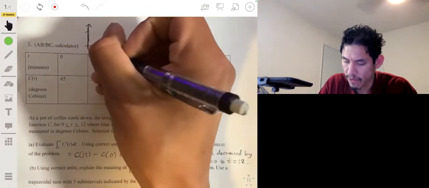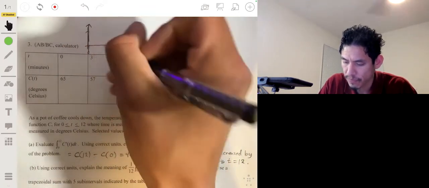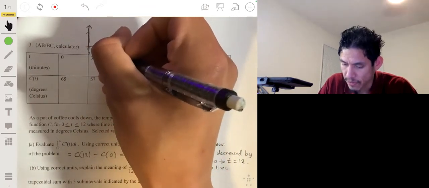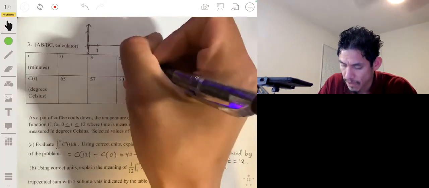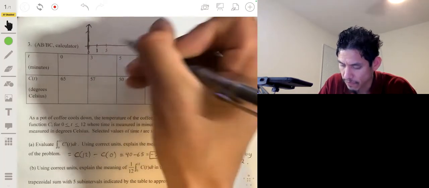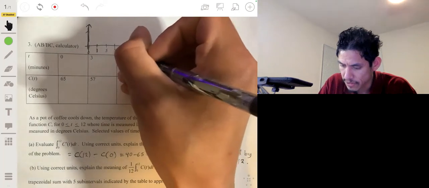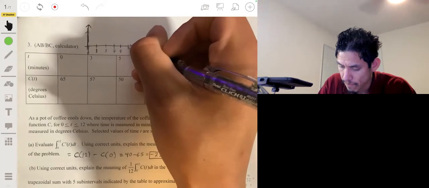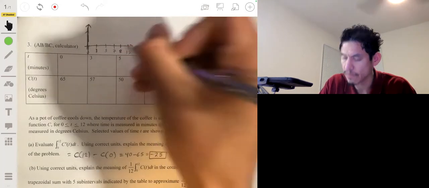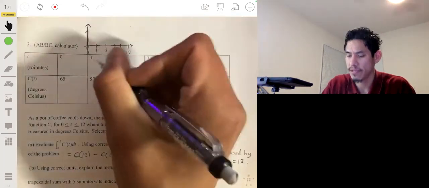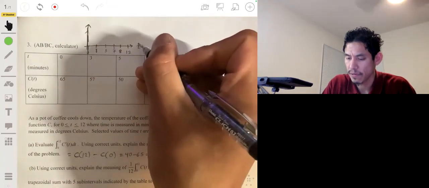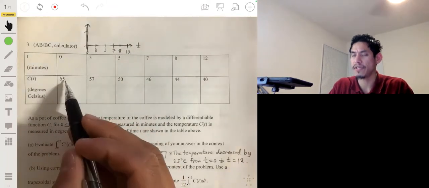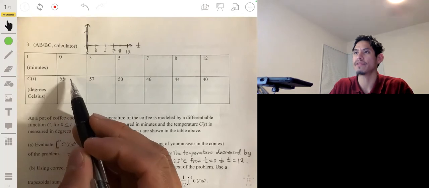So we're going to have t values at 0, at 3, at 5, at 7, 8, and 12. This is not drawn to scale, but these are the t values. And c of t are basically the heights of these trapezoids.